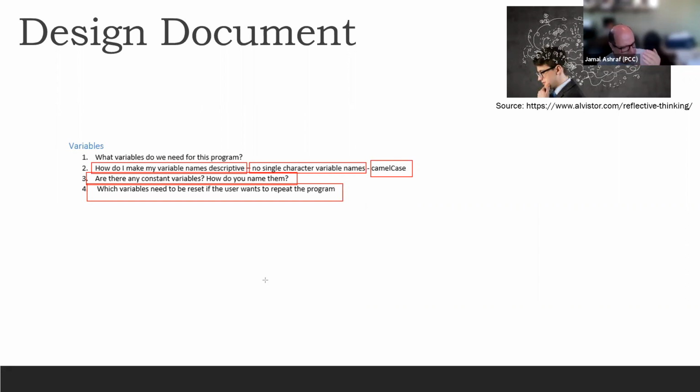My average was the sum divided by how many numbers I had. How many numbers I have is coming from my loop, so I don't have to reset that. I'm talking about the right side. The total has to be reset, otherwise. And the average, because it's on the left side, I don't have to reset it.